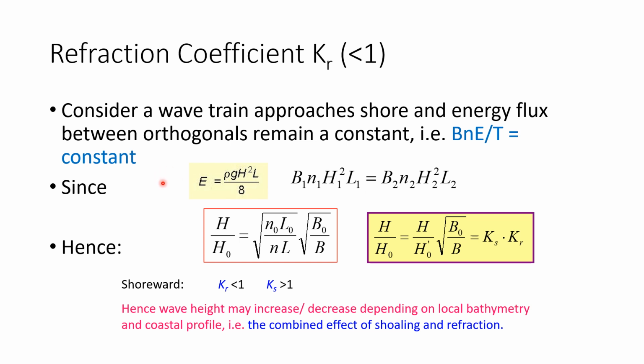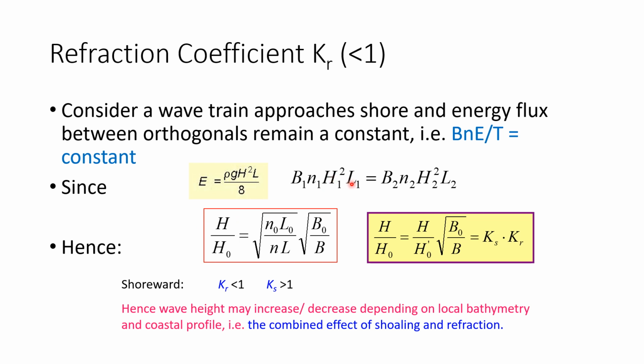Now rho, g and 8 cancel on both sides of the equation, so that we have B1 N1 H1 squared times L1 equals B2 N2 H2 squared times L2. For location 1, we're going to replace it with the offshore deep water location, so that B1 becomes B0, N1 becomes N0, H1 becomes H0, and L1 becomes L0.